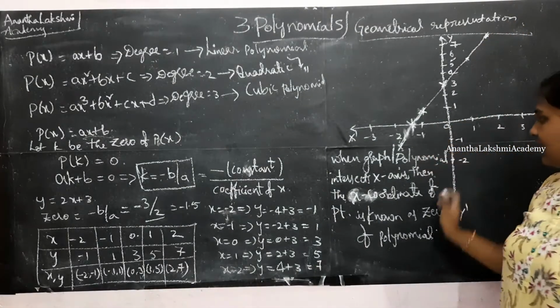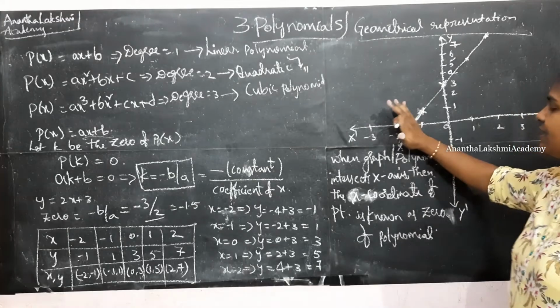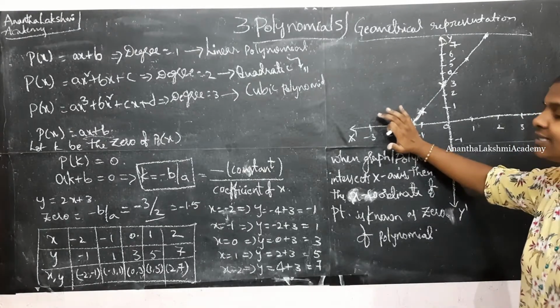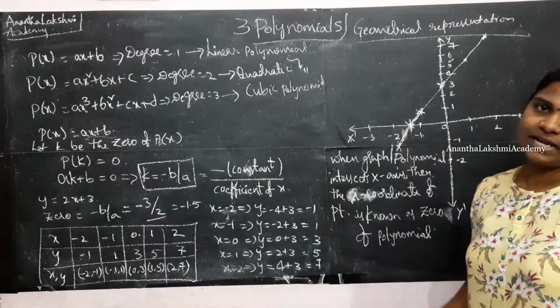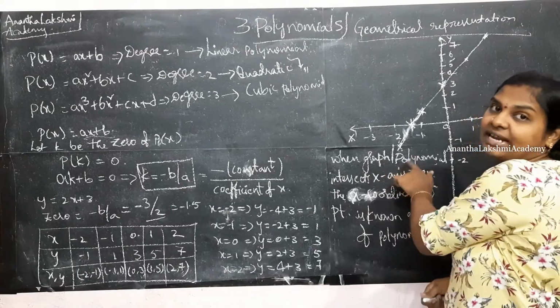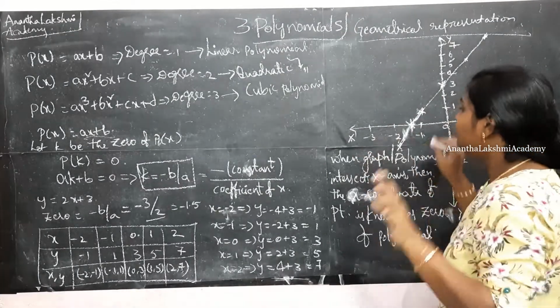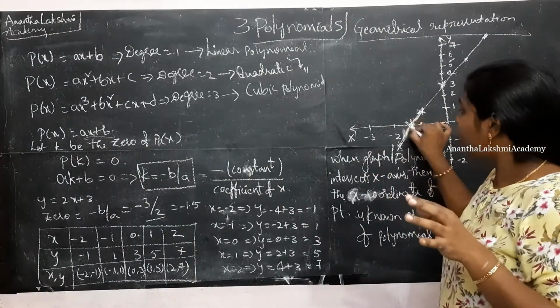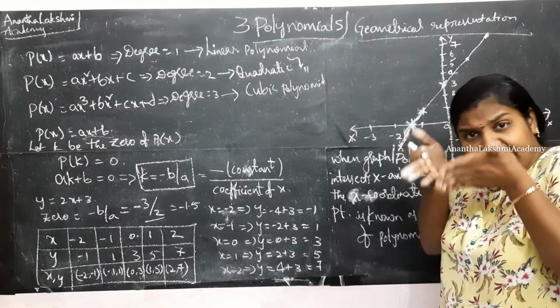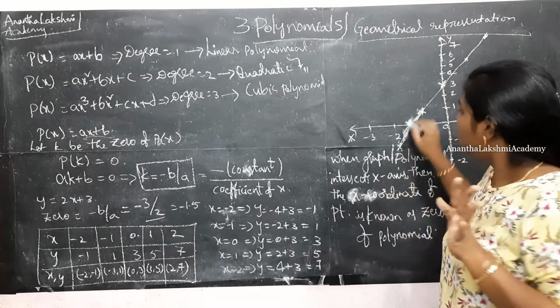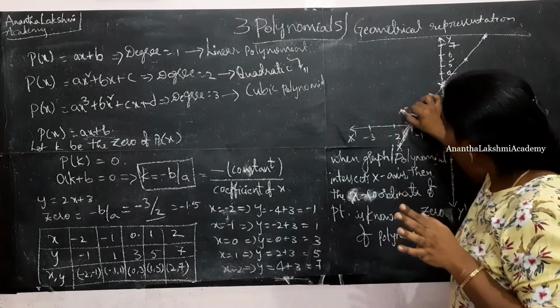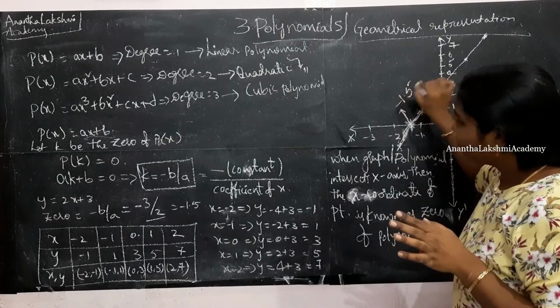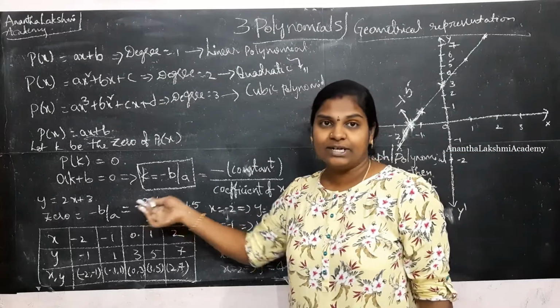So here there is a point where this graph is intersecting the x-axis, which is between -1 and -2. If you draw this graph correctly on the graph paper, you will get this at a point exactly between -1 and -2, which is -1.5, which is nothing but our -3/2.